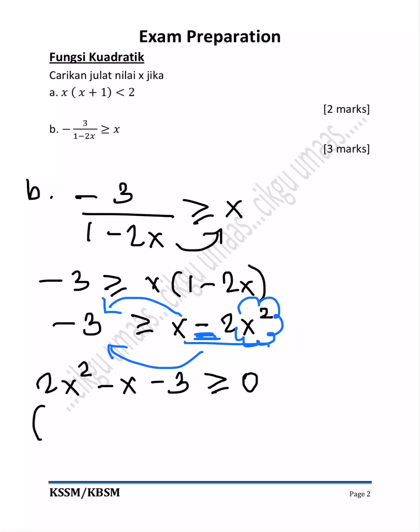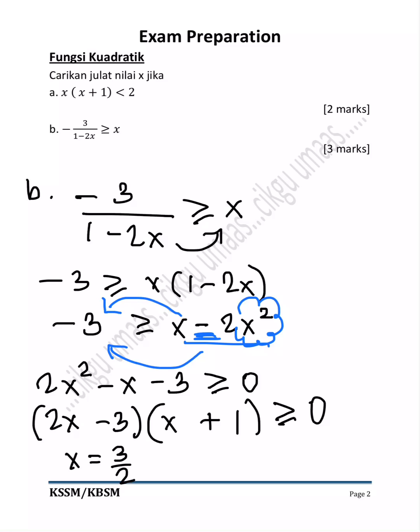Once I have done that, I may now apply my factorization, or you can press the calculator if you want, no problem. You will still get the same answer. There are two answers for this. One is 3 over 2, the other one is negative 1. I think all of us know this is called the roots. So when I draw the, we call it the palang, right?